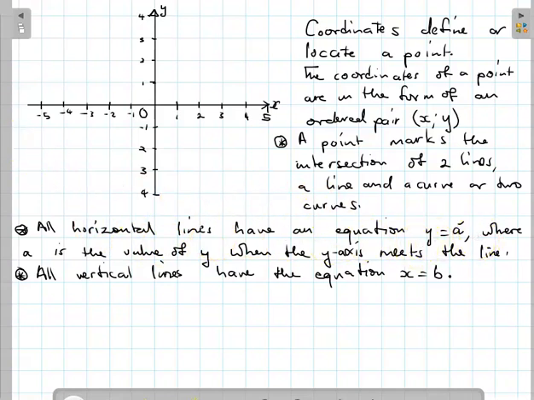Now, when I'm drawing a horizontal line, you should acknowledge that automatically that line will intersect the y-axis. Like for example, this line, watch my red lines. This is a horizontal line, and this is another horizontal line. And then this is another horizontal line.